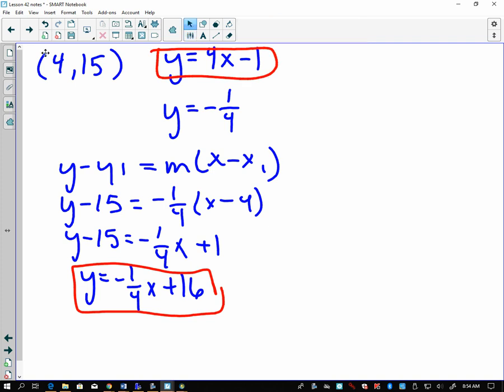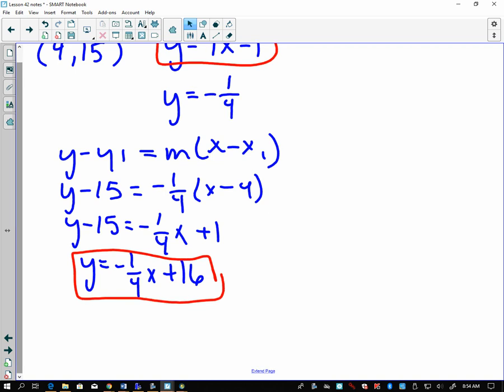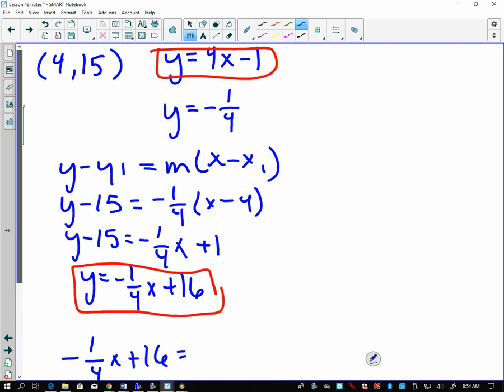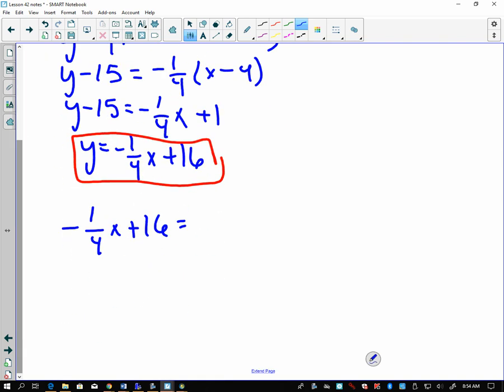Okay, so do we understand step 1? Okay, so we're going to set the two equations equal to each other. Negative 1/4 x plus 16 is going to be equal to 4x minus 1. We're going to solve for x. We're going to add 1/4 x and add 1 over here.